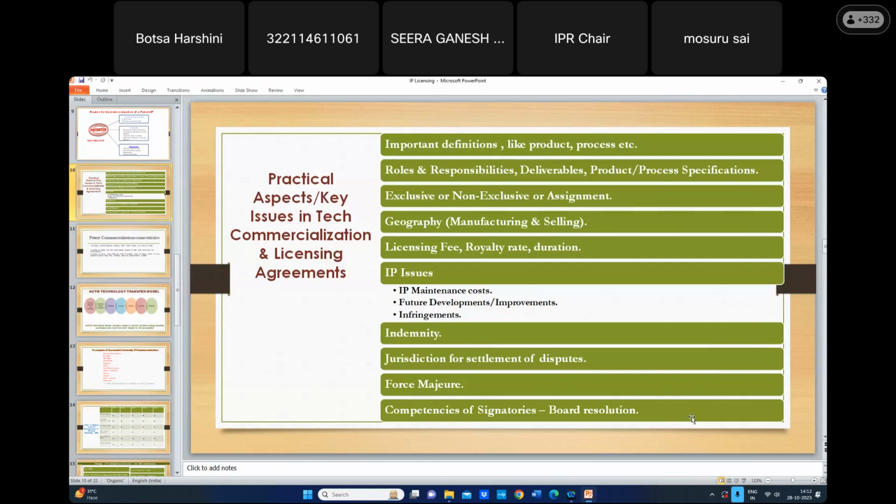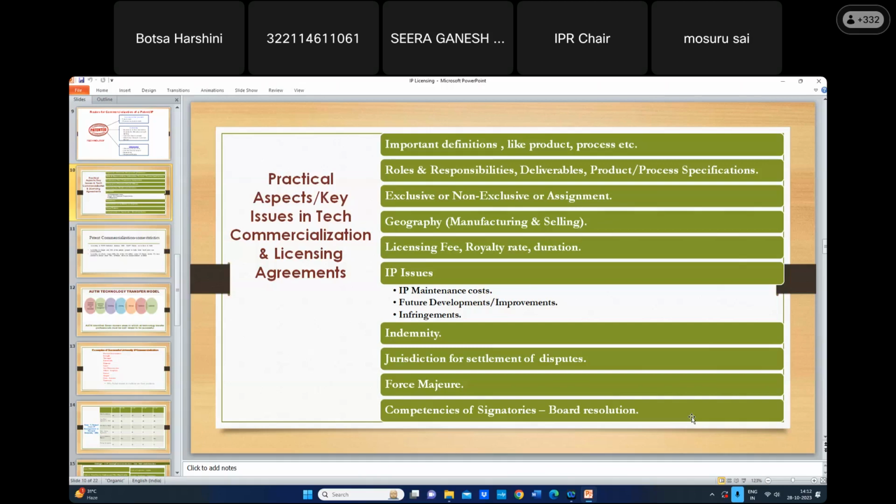Whether the license is exclusive, non-exclusive or an assignment, what type of license it is has to be clearly mentioned. Geography: which geography you are allowed to manufacture and sell in. You may be licensed to produce only in India and sell anywhere in the world. That has to be clearly defined.